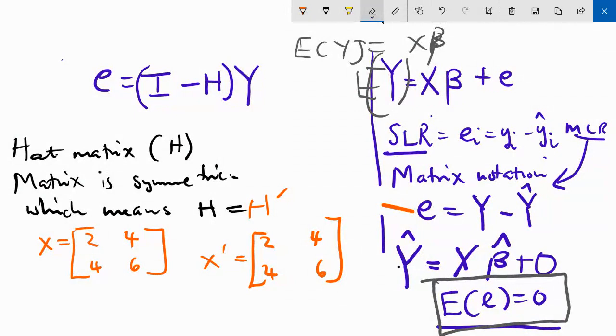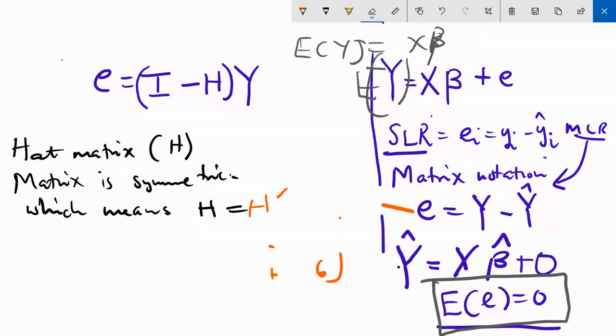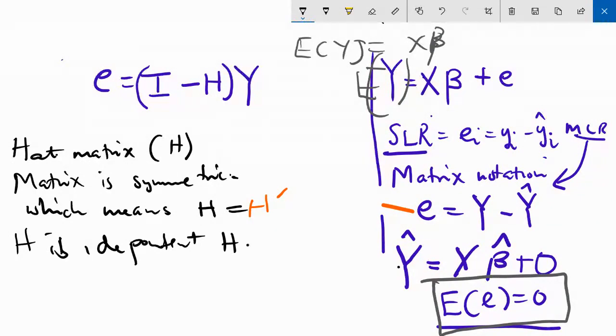Now with that knowledge, let me move to another proof. Again, H is idempotent, which means when you multiply the matrix H with H, you will always get H. That is the meaning of idempotent. When you multiply the matrix H with itself, you will get H. Let's prove it.